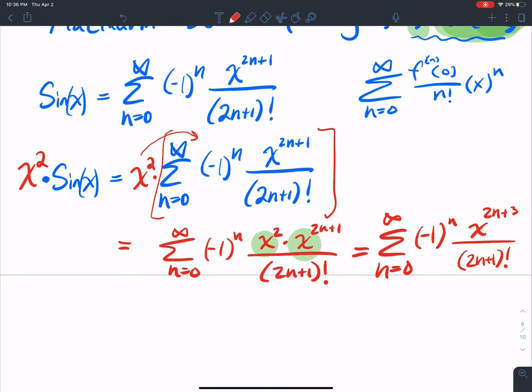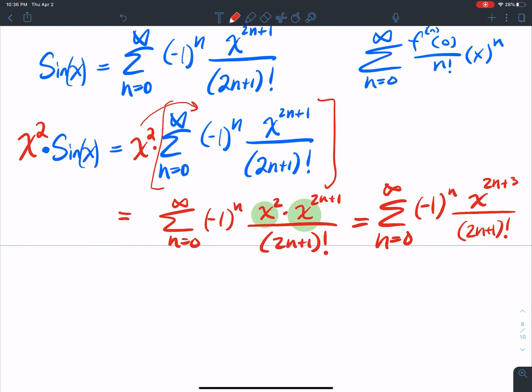Now, what else is going on here? Let's see if we can figure it out. Well, this right here is x squared sine x. What do I want?